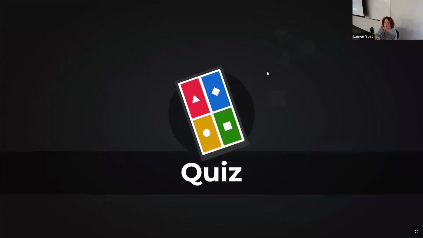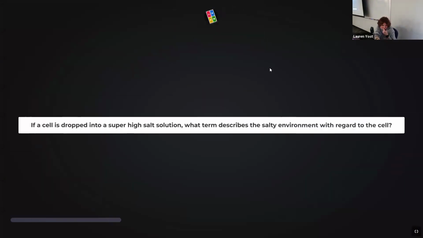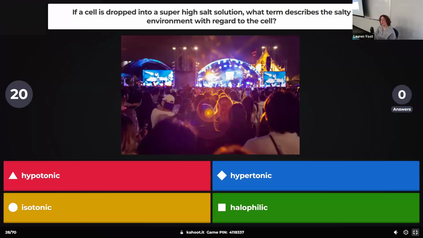All right, cool. If a cell is dropped into a super high salt concentration solution, what term best describes the salty environment with respect to the cell? What would you call the salt solution?